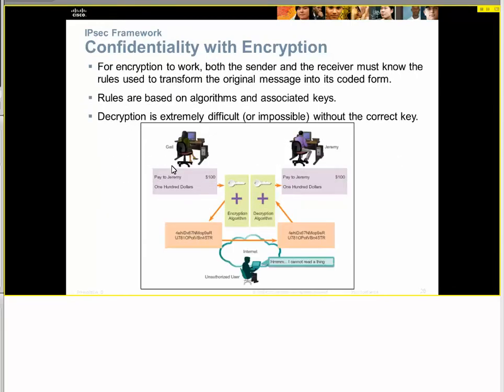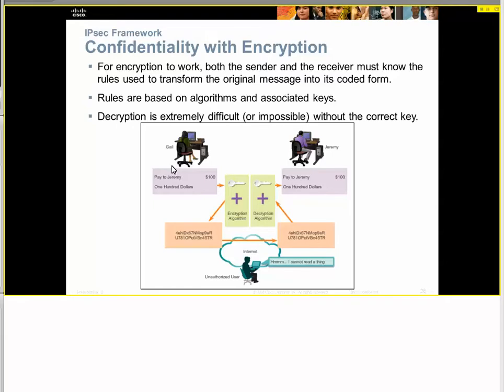So for encryption to work, both the sender and receiver must know the rules to transform the message into its encoded form. So we do this with keys. You probably have taken at least one computer class at some point where the discussion of a public or private key came up. I know we discussed it in semester 1, and a little bit in semester 2.